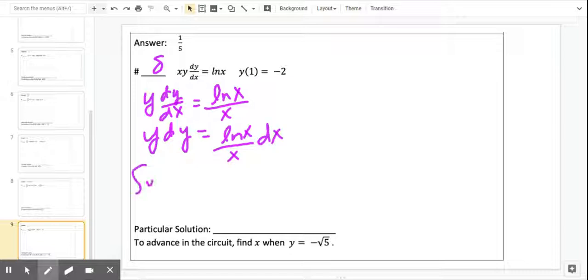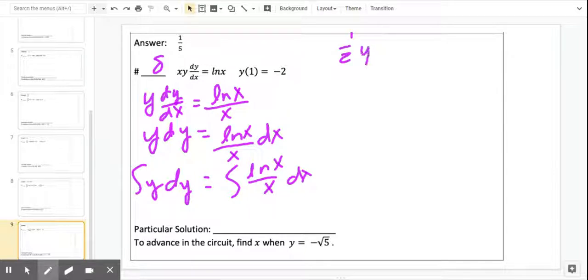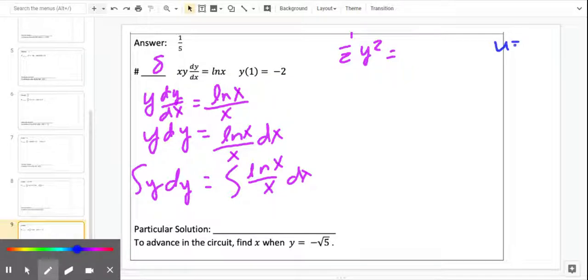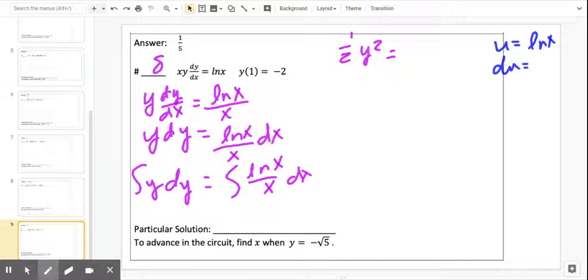Now I can integrate. So on this right-hand side, I'm just going to have 1/2 y squared. Then on the left-hand side, I'm going to need to do u substitution. So I'm going to let u be natural log of x. Du is 1 over x dx, which conveniently gets rid of that x in the denominator.